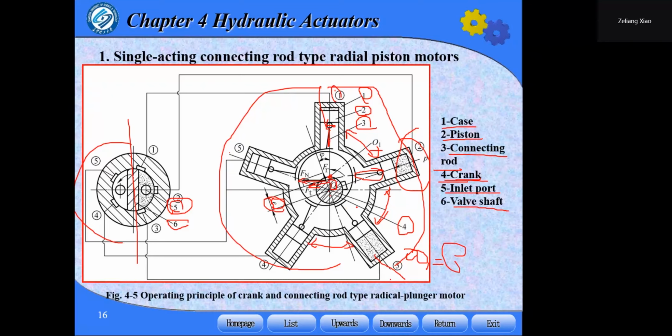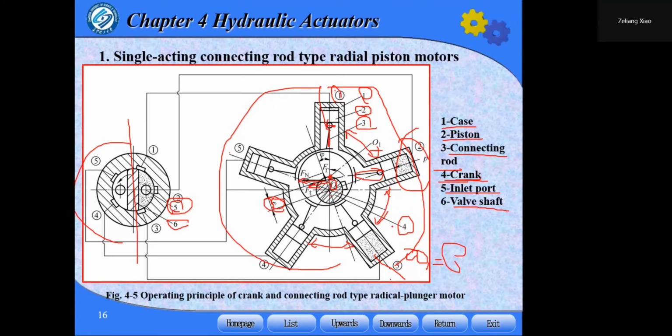Thus, the total output torque is the sum of the torques at the three high-pressure chambers. The crankshaft drives the valve shaft in rotation, so it rotates continuously.